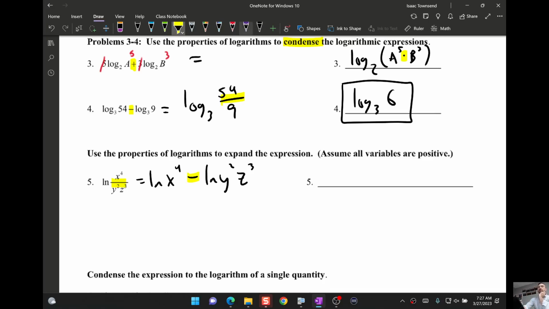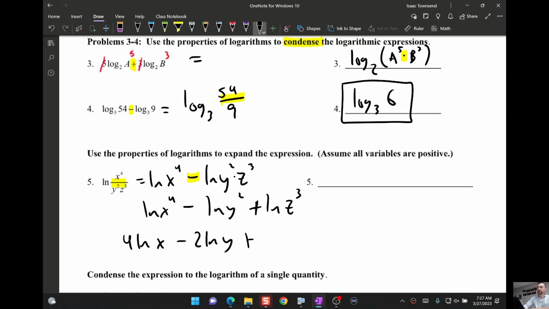But on this particular question, what makes this one a little bit harder is this expands more too. This is multiply, which would expand as addition. You also need to bring these exponents down when you go this direction.